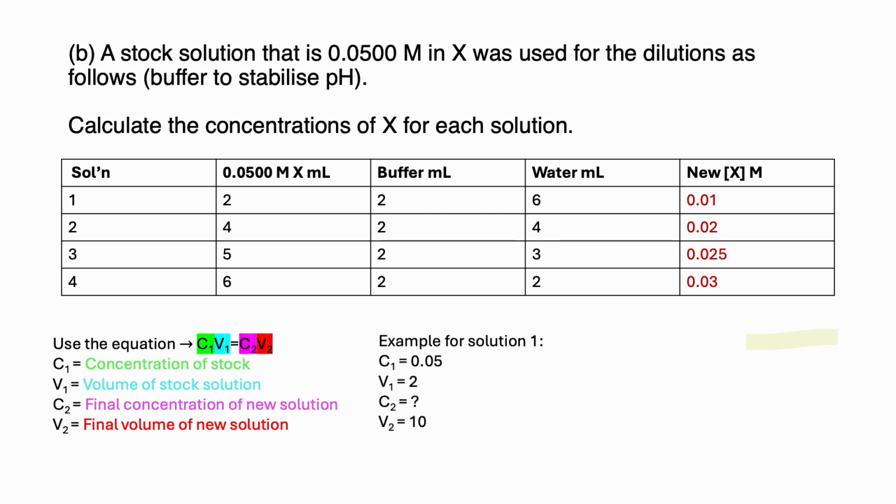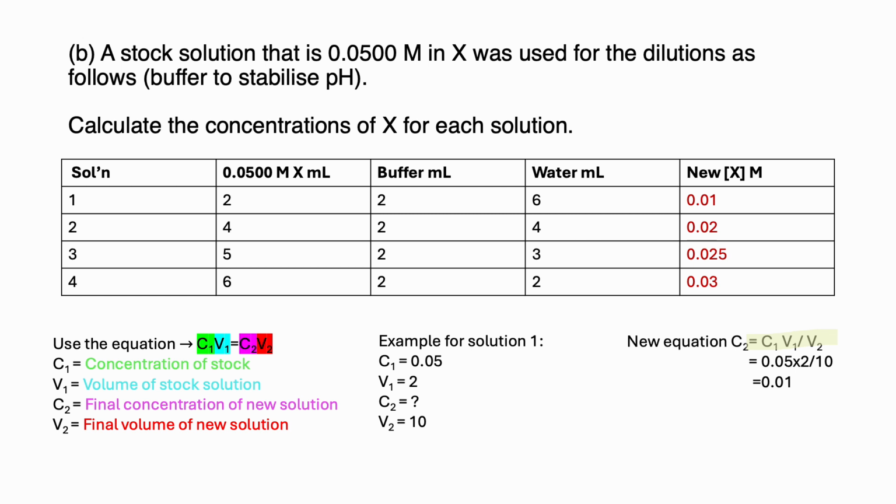We are going to be looking at example 1 to figure out how to calculate the new concentration. In order to calculate new concentration, we are going to need to rearrange the equation to make C2 the variable. So C2 equals C1 times V1 over V2.